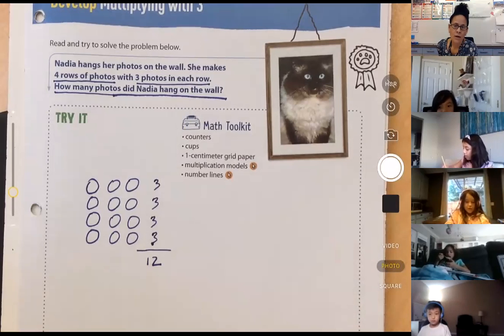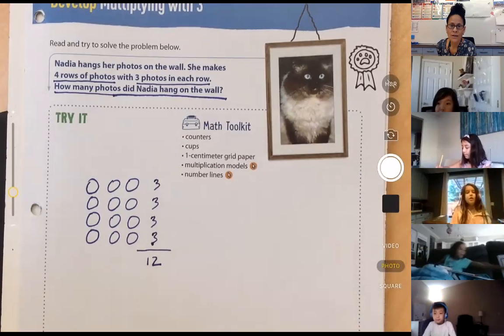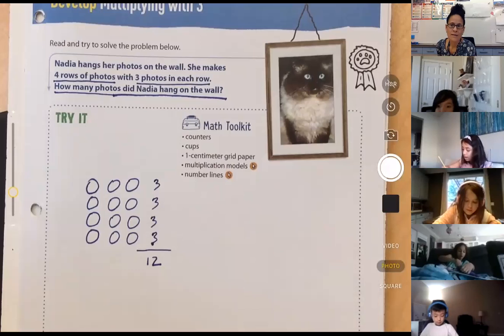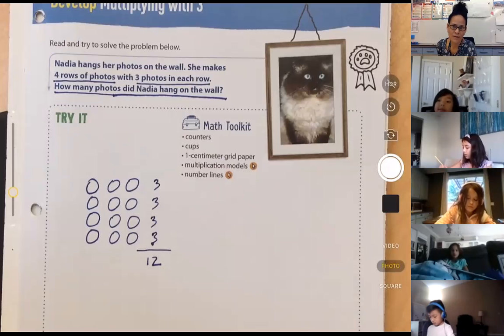And so what I'll be doing is I will be duplicating this array, but I will be grouping it in a different way so that I can work with a factor that's easier for my brain to work with, a factor that is more familiar. And of course, that factor is going to be 2 instead of 3. Okay? And again, my drawing will be catching up here shortly.